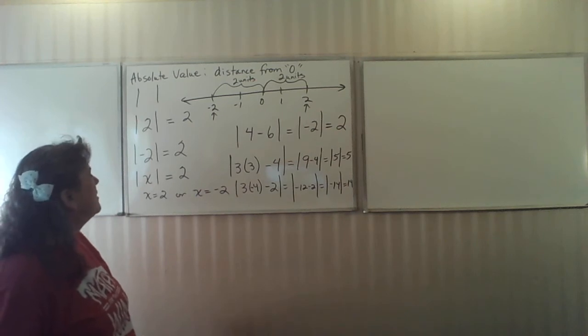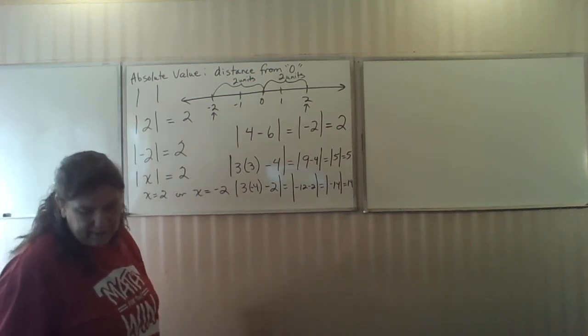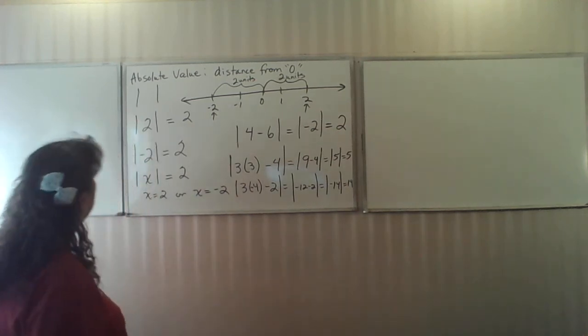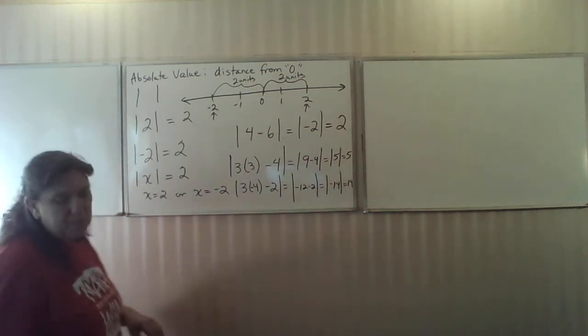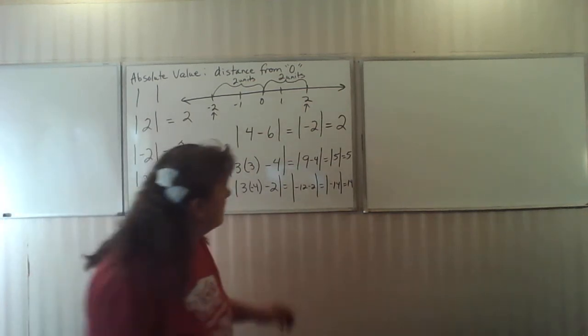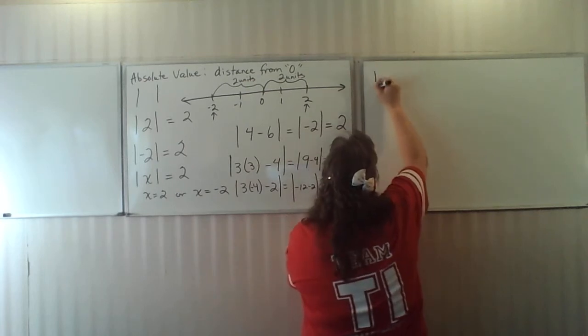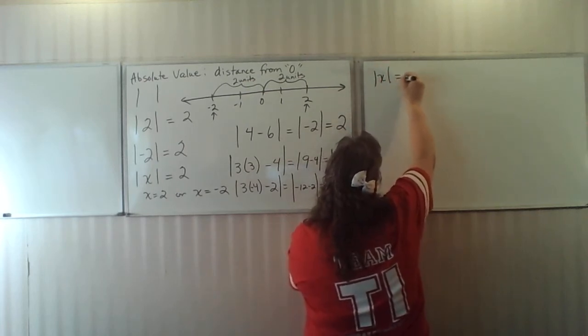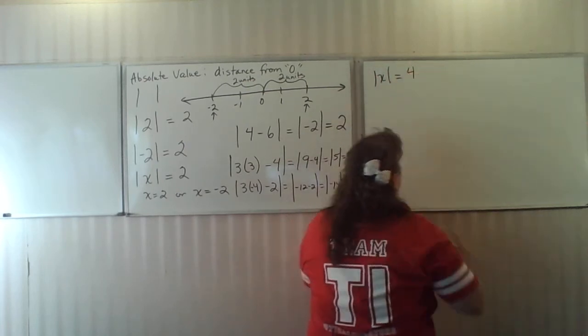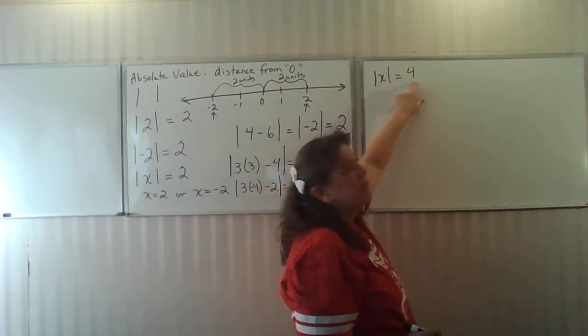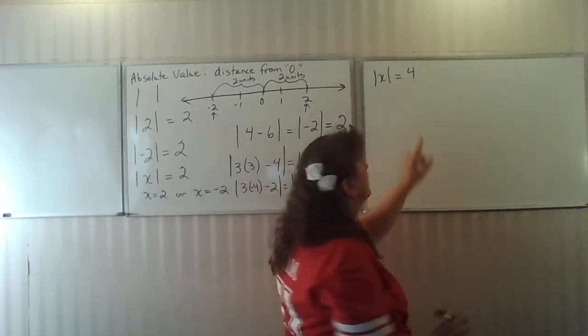So now let's look more at actually solving absolute value equations. Okay, one thing to note, let's do one of them and then we'll note something. The absolute value of x is equal to 4. This is asking me what 2 numbers are 4 units from 0.